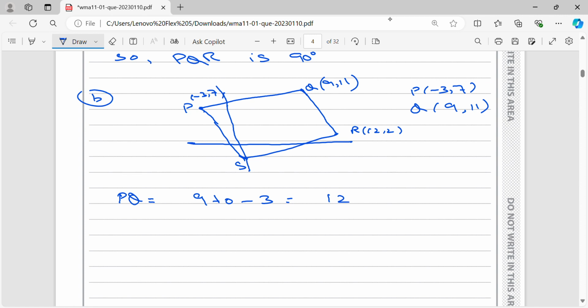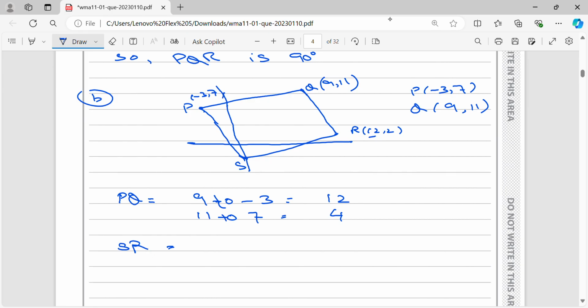And if I look at the y coordinate of PQ, which is 11 to 7, the distance here is 4, right? So it means that I have to keep the same distance for S to R, right?